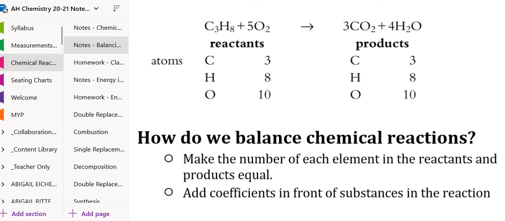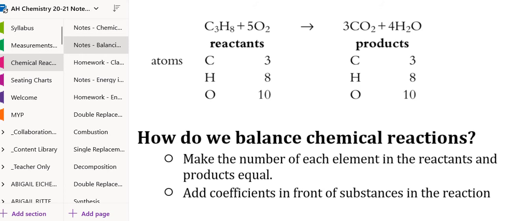Very good. So what you're going to be able to do by the end of this lesson is figure out the coefficients, so the 1 here, the 5 here, the 3 here, and the 4 here, that balance a chemical reaction. So that's our goal by the end of today and Monday, to figure out balancing reactions.